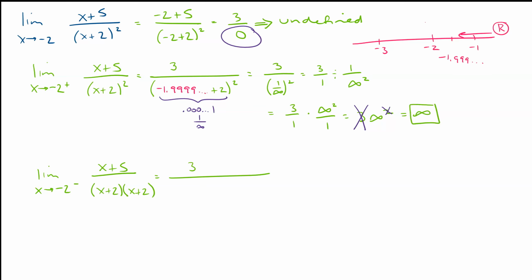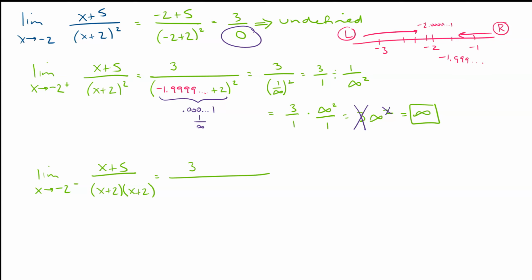Now coming to the left-hand limit. Looking at our number line, if we approach negative 2 from the left-hand side, we get values like negative 2.5, negative 2.3, negative 2.1, negative 2.01, negative 2.000000001. That's as close as we can get to negative 2 from the left-hand side without actually touching negative 2.